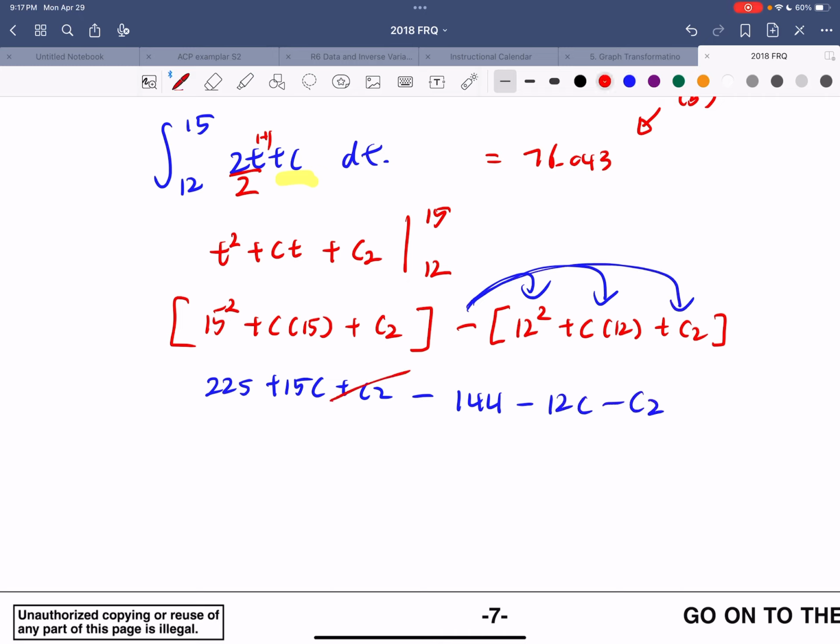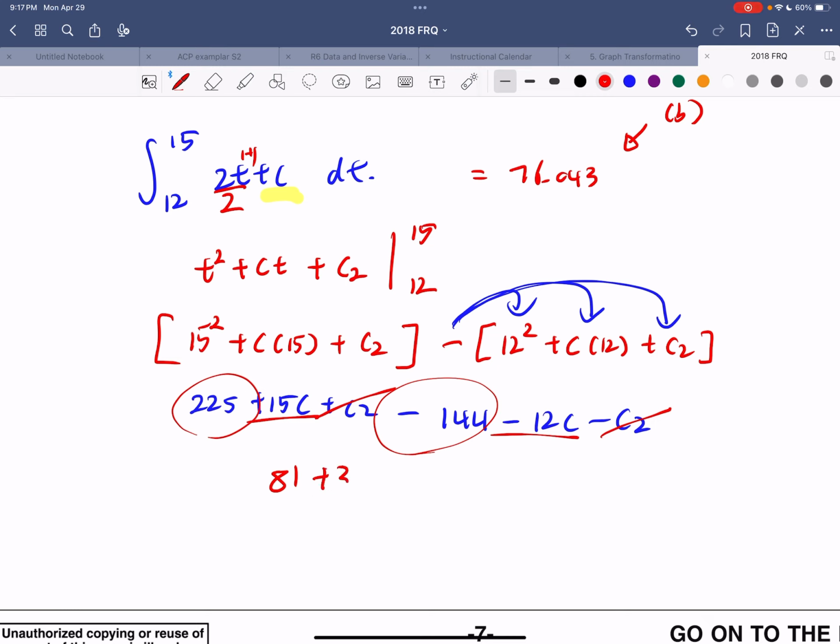As you can see, the c2 terms disappear. 225 minus 144 is 81, and 15c minus 12c is plus 3c.